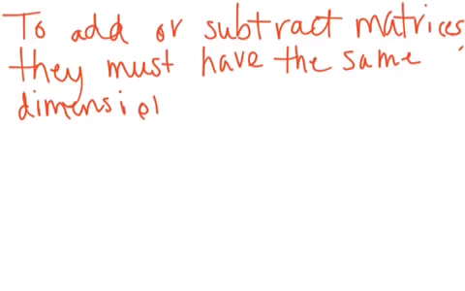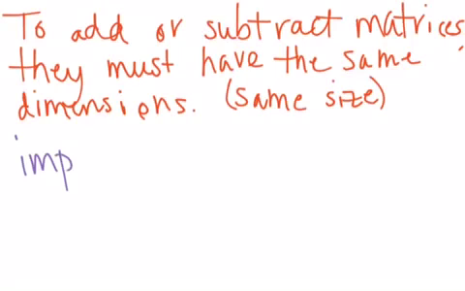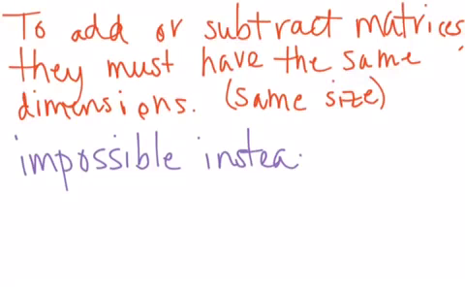Or another way of saying that is they have to be the same size. If two matrices are not the same size and I ask you to add or subtract them, then instead of writing no solution, we use the word impossible with matrices instead of no solution.